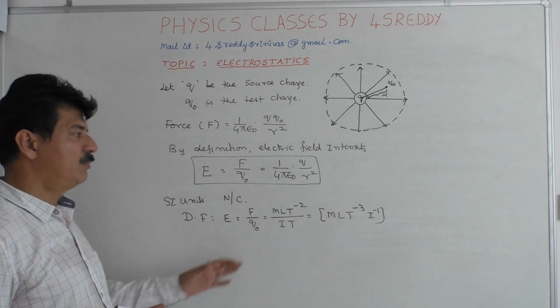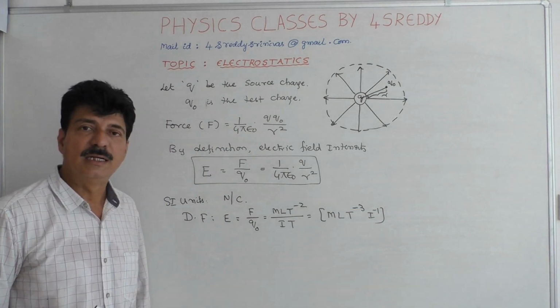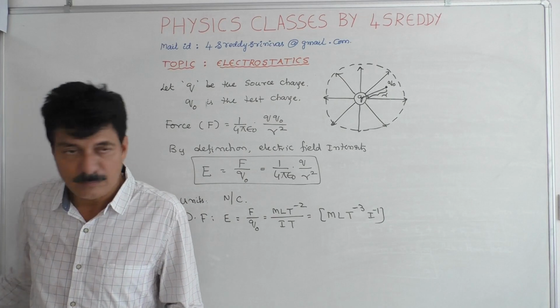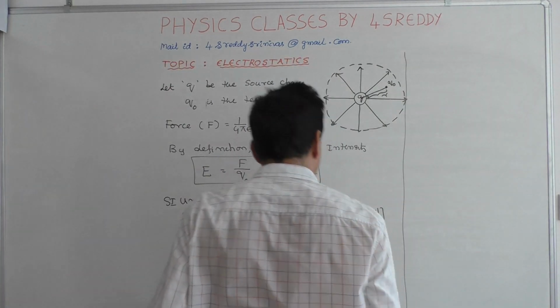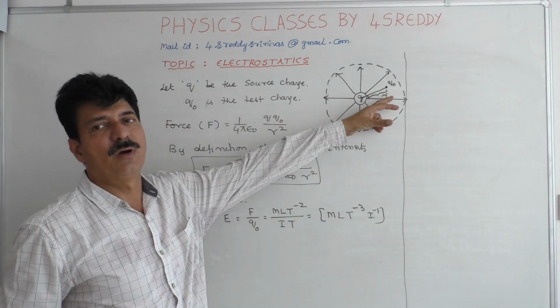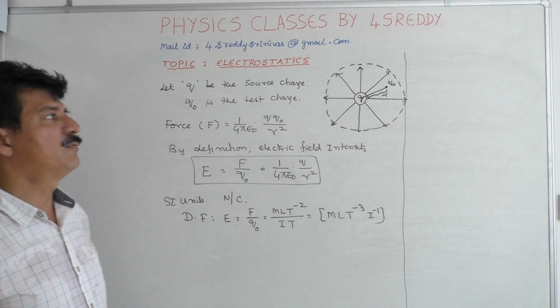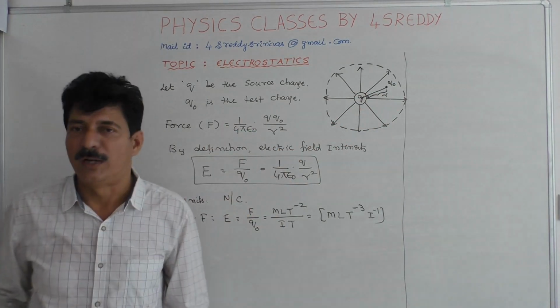This is the dimensional formula for electric field intensity. If you know the field at any point, then we can easily find the force by multiplying by the charge at that point.